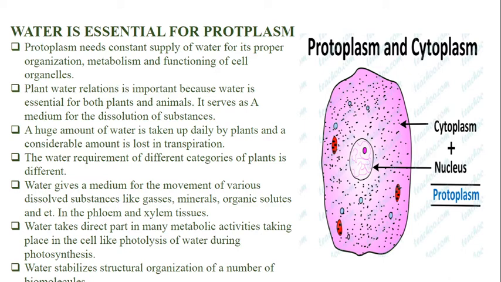Water can be absorbed by the root, but at the time of transpiration the water loss takes place in the leaves. The water requirement of a plant is different for different categories, meaning hydrophytes, mesophytes and xerophytes need different amounts of water.